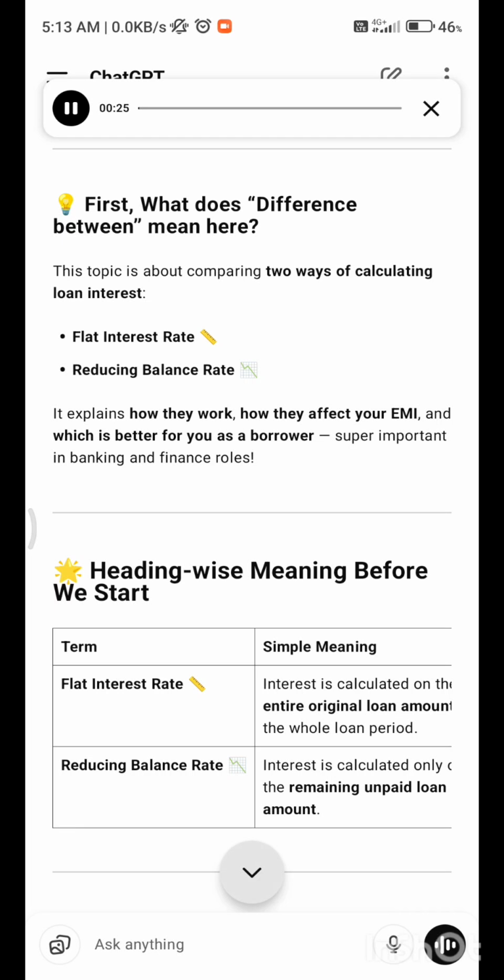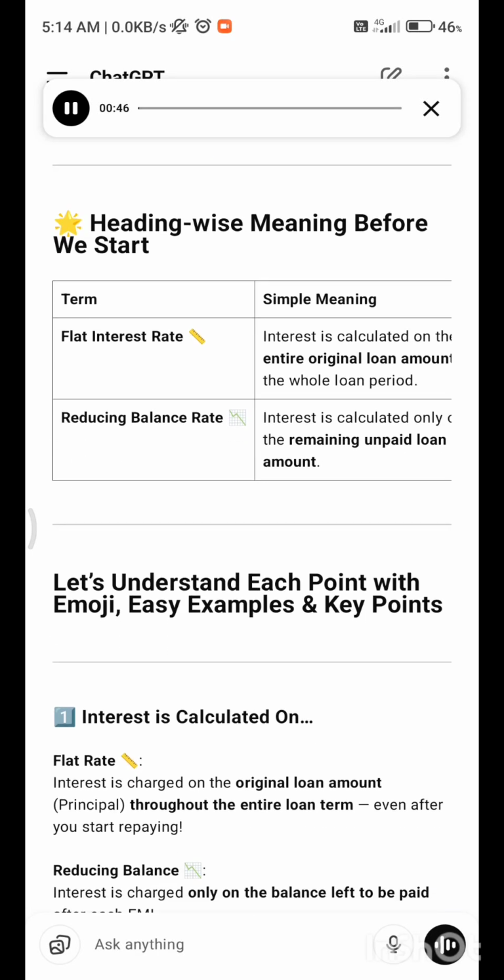First, what does difference mean here? This topic is about comparing two ways of calculating loan interest: flat interest rate and reducing balance rate. It explains how they work, how they affect your EMI, and which is better for you as a borrower. Super important in banking and finance roles.